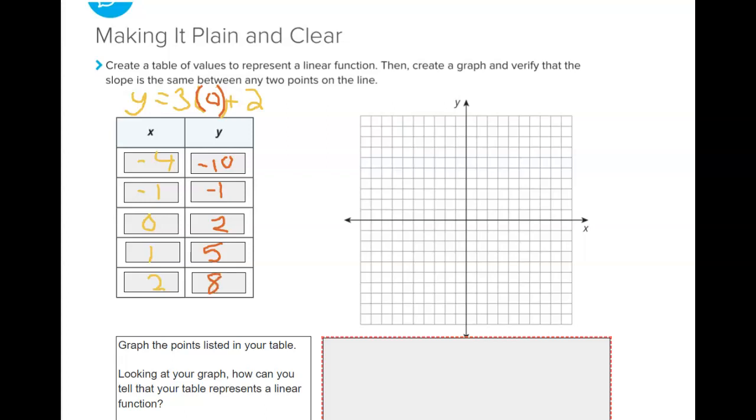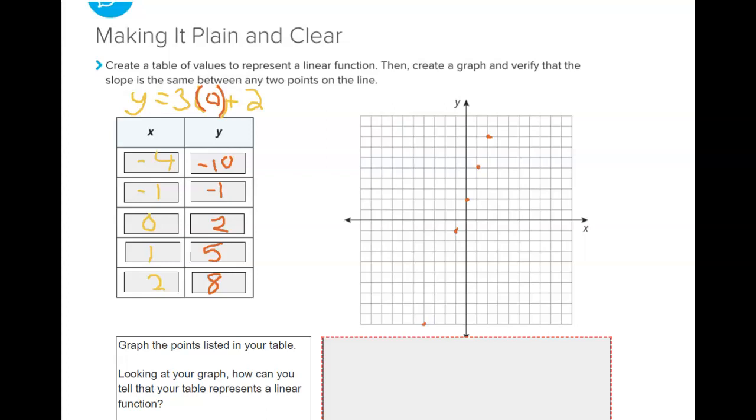And now, no matter what equation you used, or what points you used, you're going to graph your values on this graph. So I plotted -4, -10. I plotted -1, -1. I plotted 0, 2.